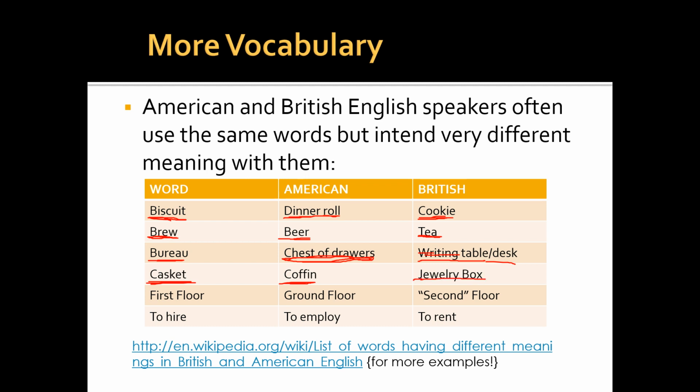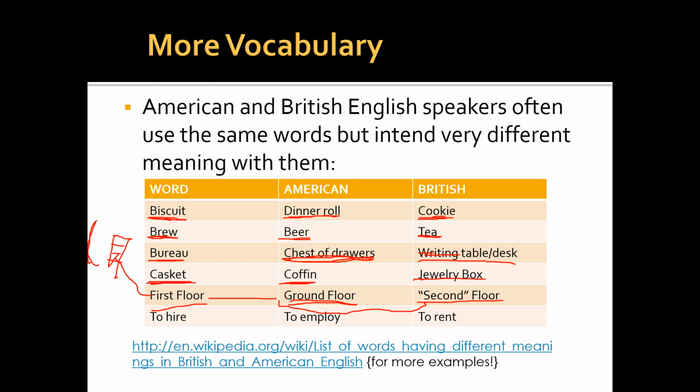Then we have first floor. In an apartment, there are many floors. In that, we're talking about the first floor, which is changed into the ground floor by Americans. Then the first floor is changed into the second floor by the Britishers.